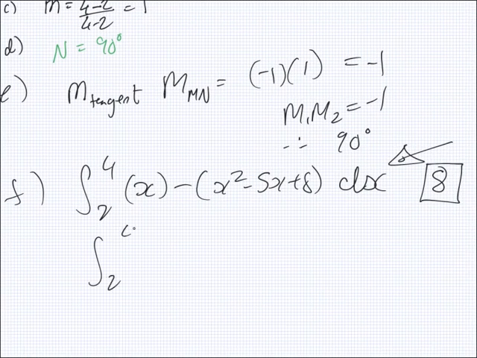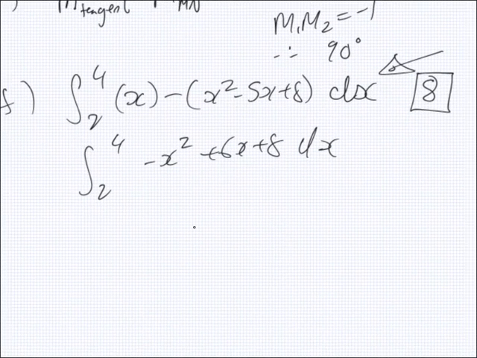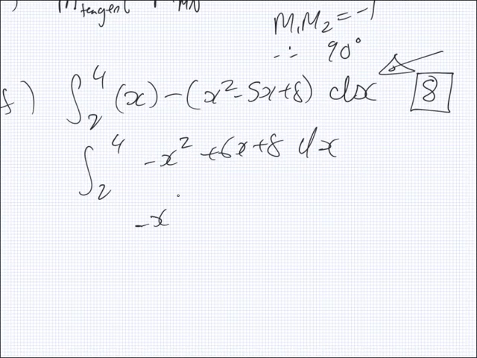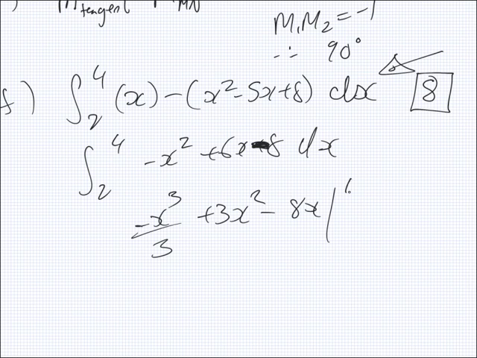So that's the integral from 2 to 4 of minus x squared plus 6x minus 8 dx. Minus 8, because I put the minus in. So minus x cubed over 3 plus 3x squared minus 8x, and I put in 4 and 2.